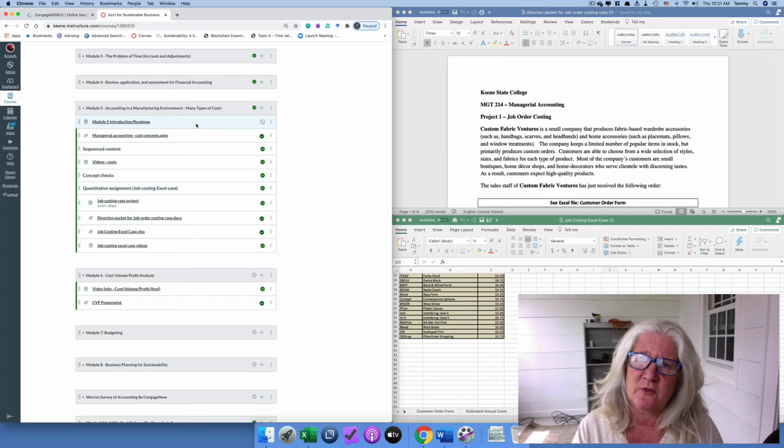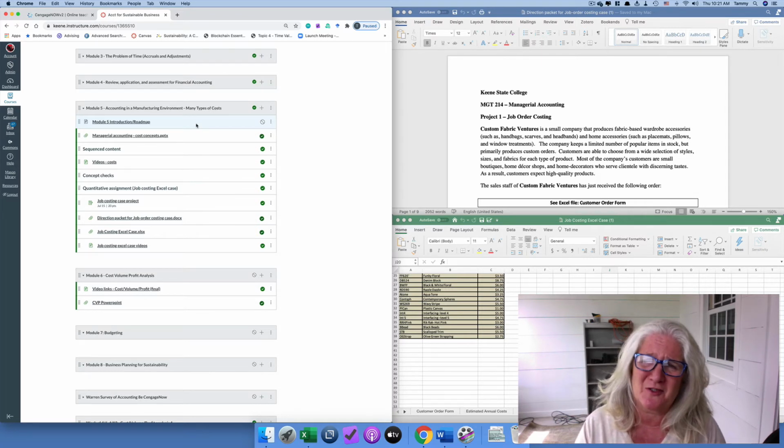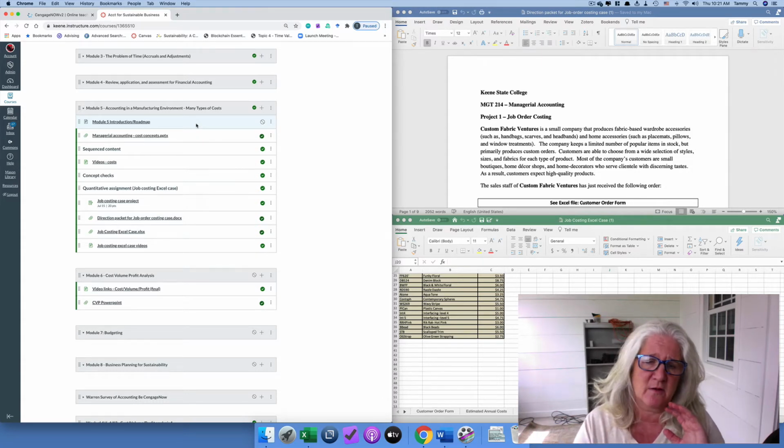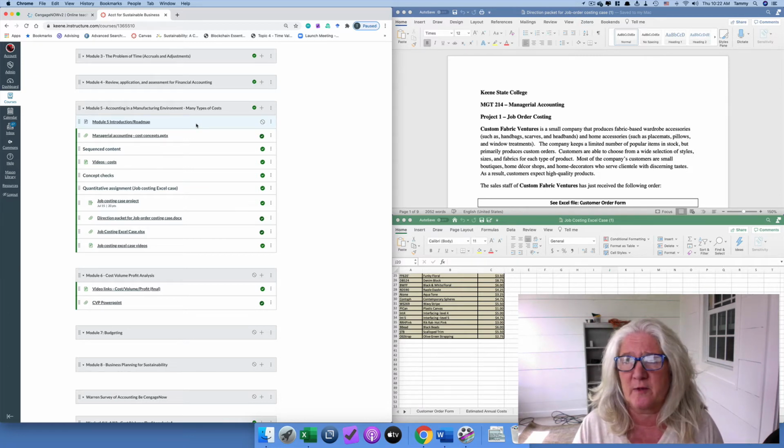Because manufacturers, they have a couple of different options when they're thinking about how to figure out what things cost. One thing is that they can sort of bundle costs all together and just have what's called process costing, where you don't try to differentiate between one job or another. So this would be like for large-scale manufacturing of similar items.